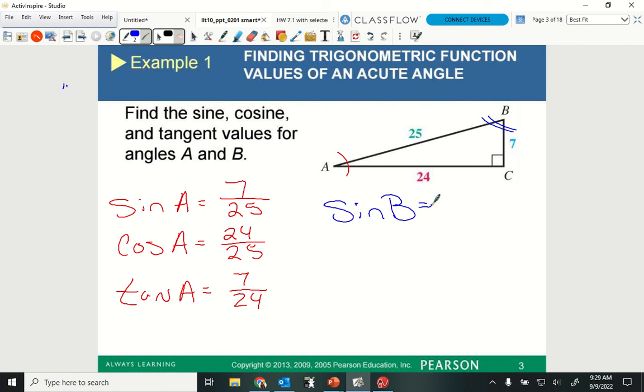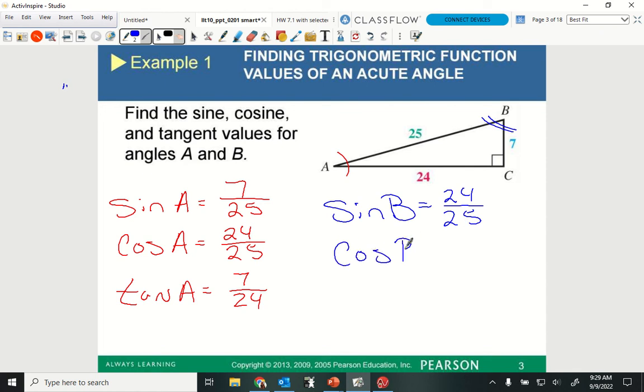Opposite is 24 now. Since I changed my reference, opposite of B is now going to be 24. And hypotenuse? It's still the hypotenuse, 25. That always stays, right? Hypotenuse cannot change because hypotenuse is always opposite the right angle, right? Yes. Okay, good.